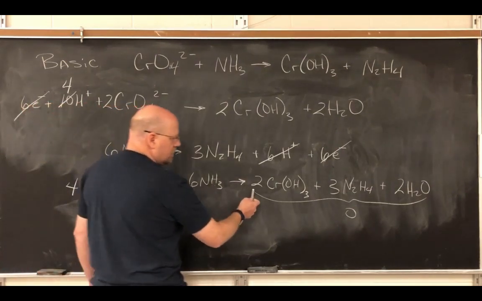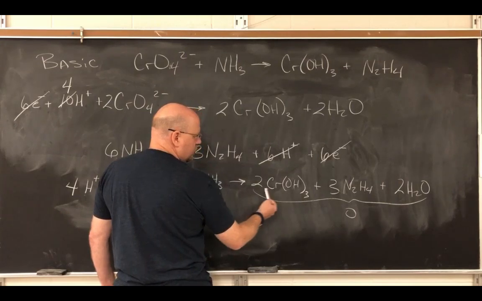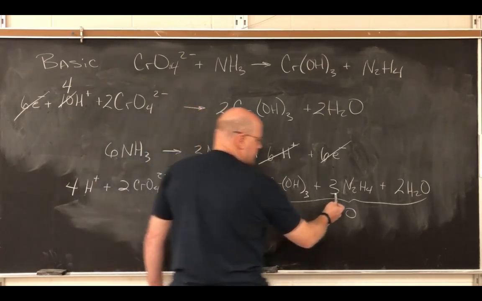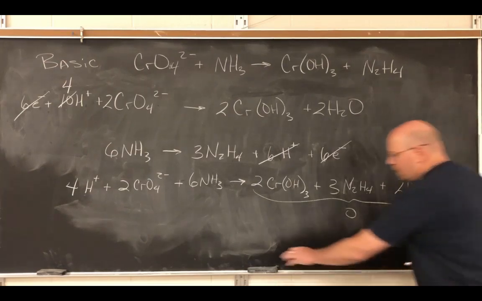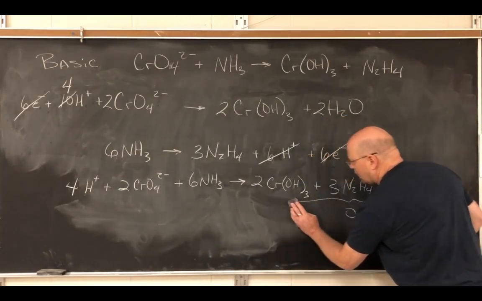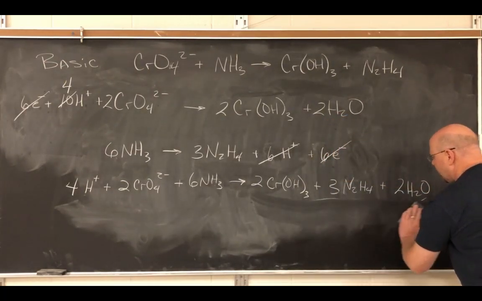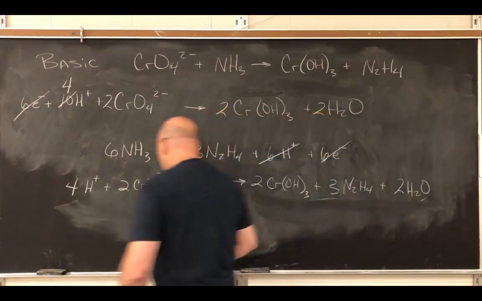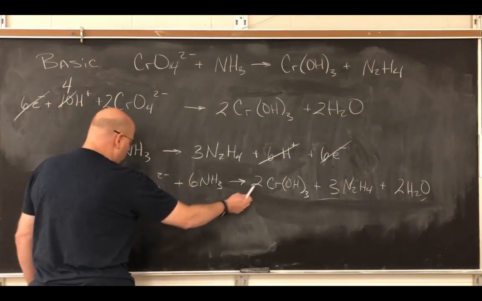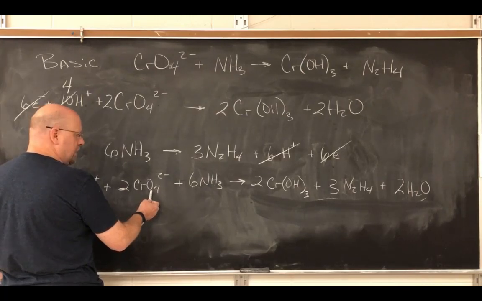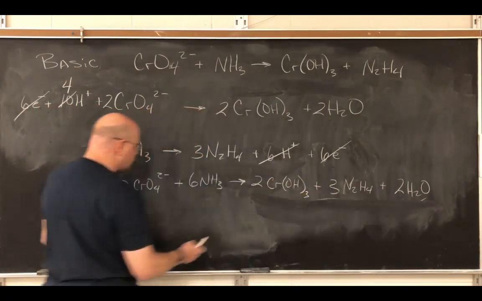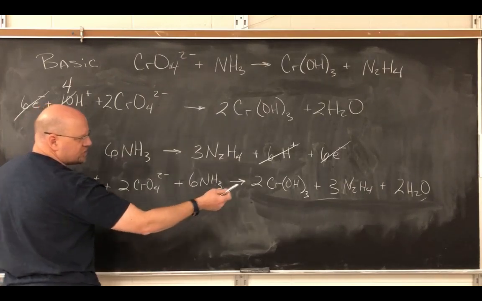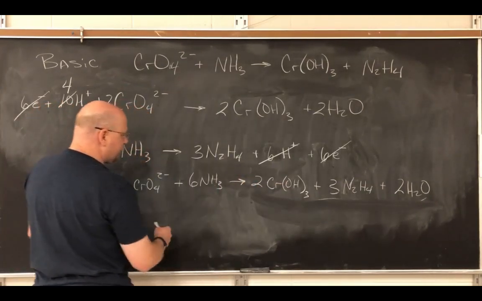Then we've got 6 plus 12 is 18, plus 4 is 22. Our hydrogens are balanced. I'm going to go out on a limb and say they all are balanced, but let's double check. 2 chromiums, 2 chromiums, 8 oxygens, 6, 7, 8 oxygens, 6 nitrogens, 6 nitrogens. We're good.